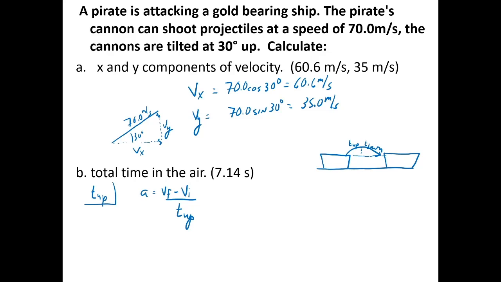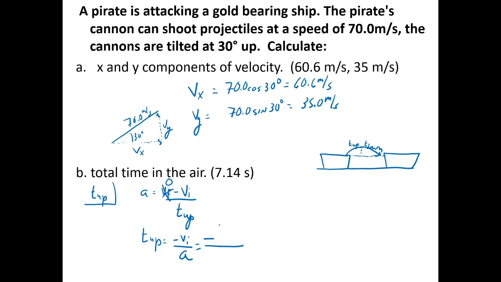Now, once the cannonball is at the highest peak, it can't go any higher. It has no y velocity. That drops to 0. So if we do a little rearranging of this formula, we get negative v initial over a. So time up is negative.